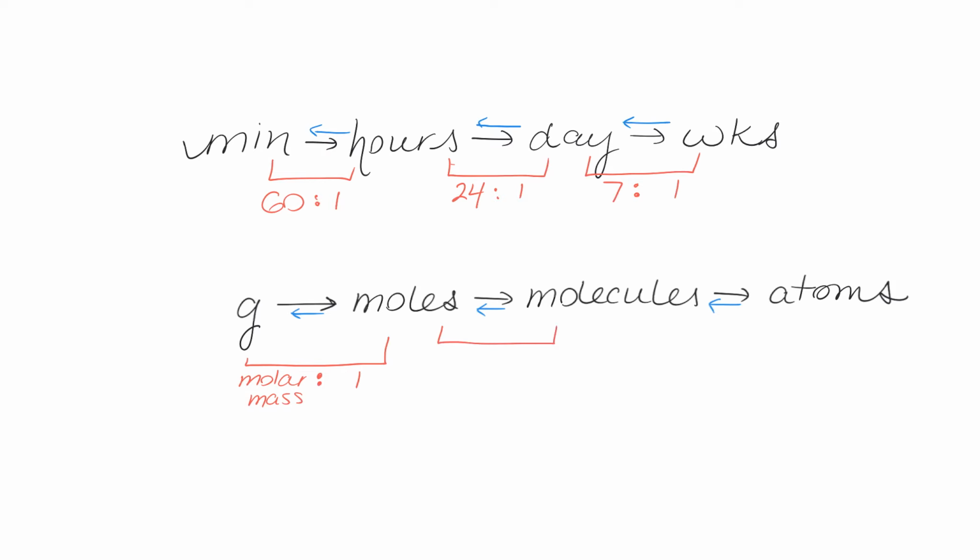Moles to molecules, 1 mole has 6.02 times 10 to the 23rd molecules. And molecules to atoms, 1 molecule has, it depends on the atoms. So for example, if we have a molecule of hydrochloric acid, that has 2 atoms. If we have a molecule of water, that has 3 atoms.